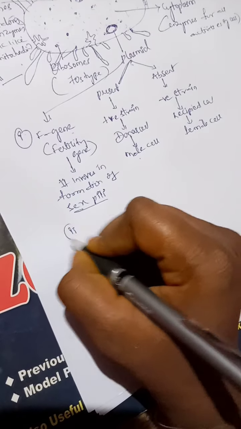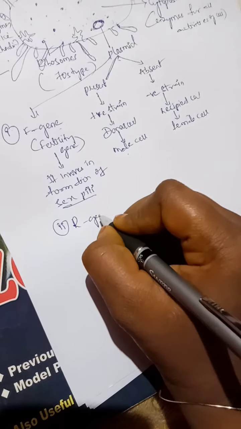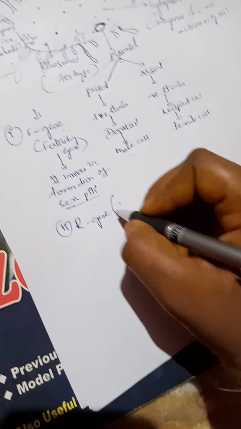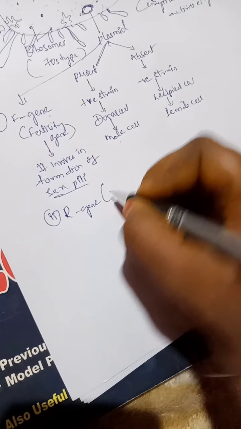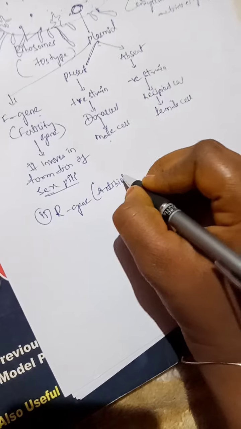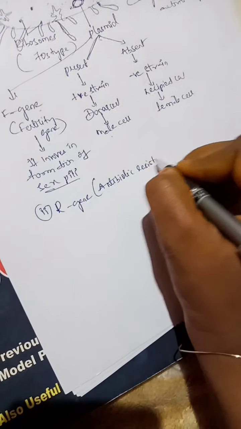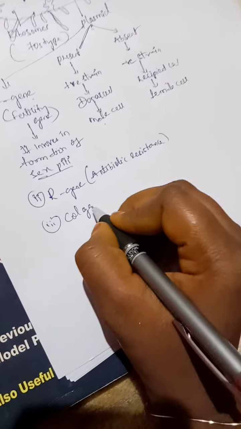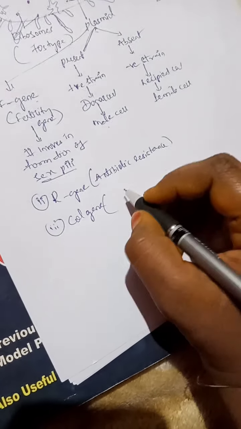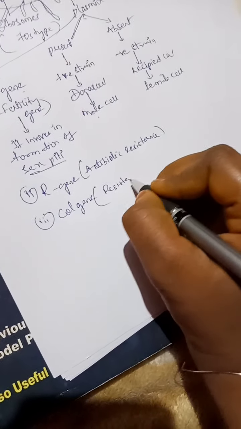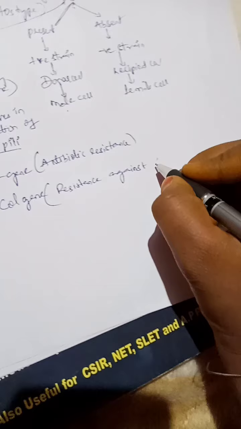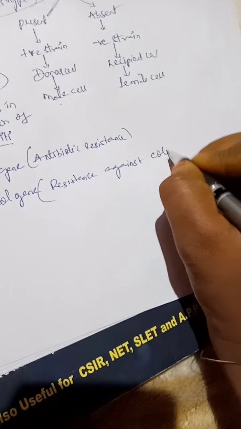The next important gene is the R gene, which is helpful in antibiotic resistance. Next, the Col gene will provide resistance against a chemical substance called colicin.